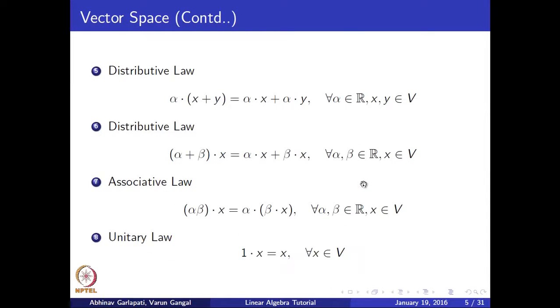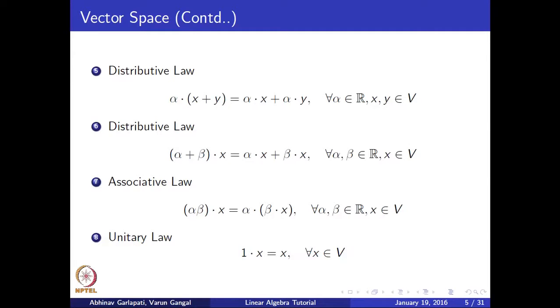The fifth law is the distributive law. This law says that if you multiply a real scalar alpha with the sum of two vectors x plus y, that should be equal to alpha x plus alpha y. The second distributive law says that if you have the sum of two scalars multiplying a vector x from the set, alpha plus beta times x, then that should be equal to alpha times x plus beta times x.